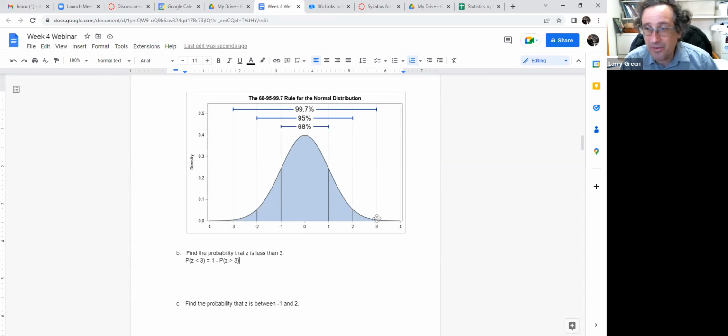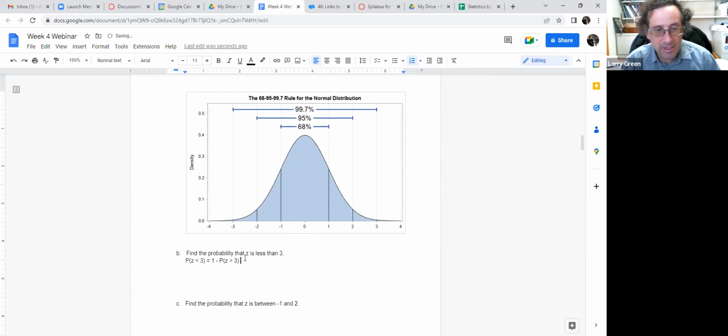So being greater than 3 is this part right here. But we can go to the other side and say being less than -3 is over here. And if we combine those two, that's going to give us twice as much as being greater than 3.